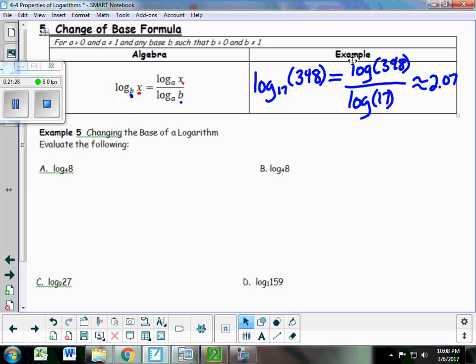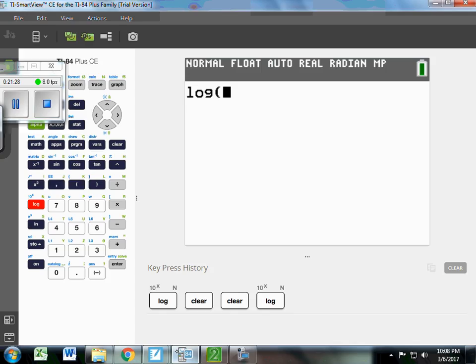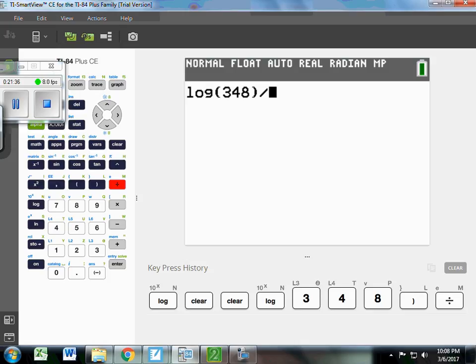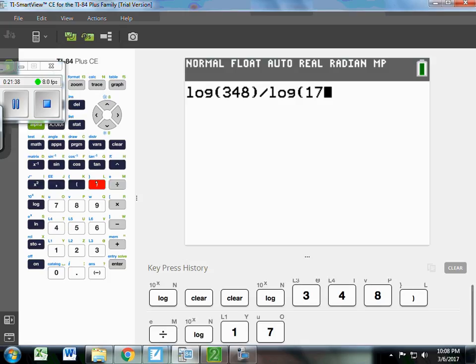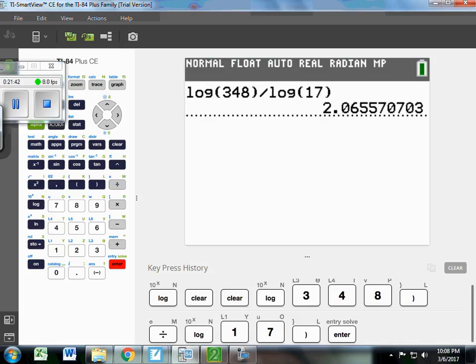And I can show how I would type that into my calculator here. So log of 348 in my parentheses divided by log of 17 in my parentheses, enter, and it gives me this fairly long decimal. I rounded it up to the nearest hundredths place.